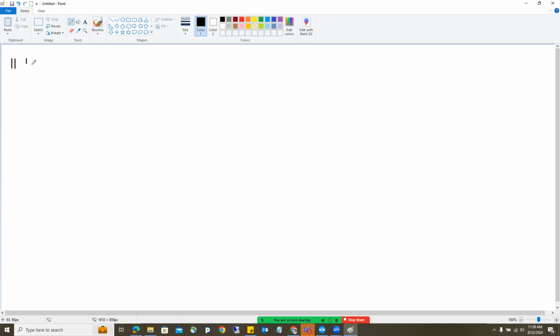Now we need to find out u plus v's squared. So just assume that vector u is on this side and vector v is on this side. The theta angle is in between these two. Now we are going to find an expression for this.